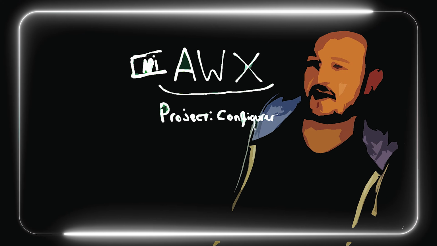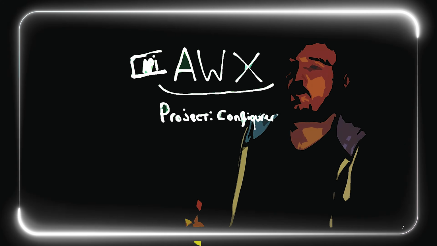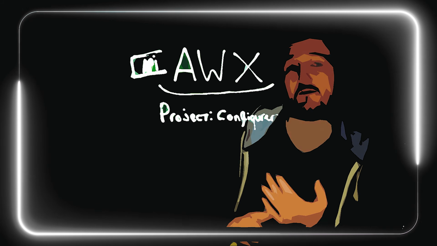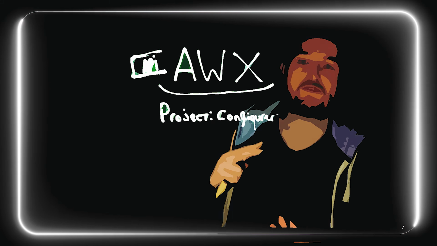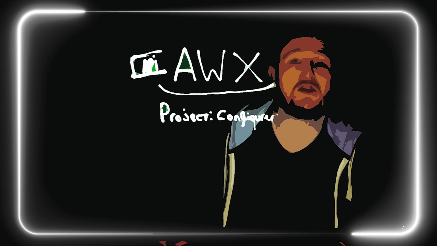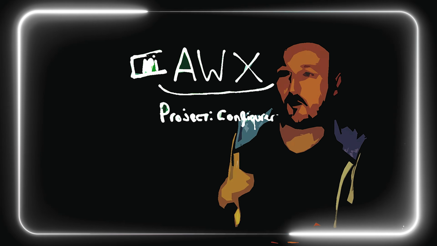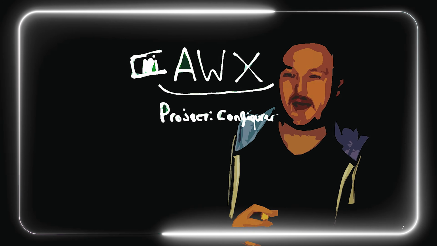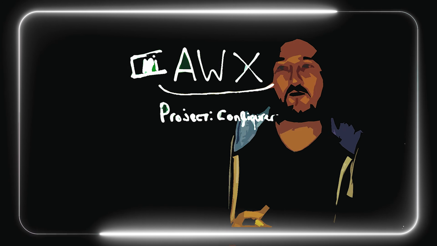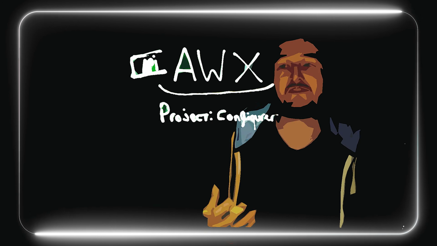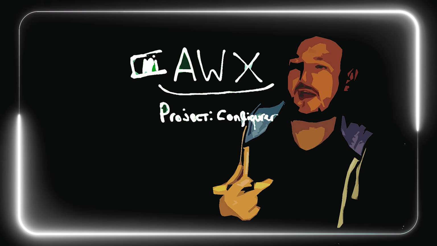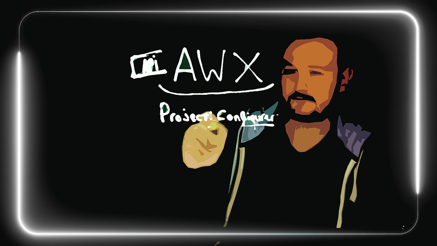Running AWX with integrity. One of the things we want to know of our production deployments is that we're running checkouts that have been approved and tested, but also that we're not running anything that could potentially be malicious. One way we achieved that is by using the configurer within AWX. When we build and deploy our AWX instances, we attach a local credential to a project called the configurer.